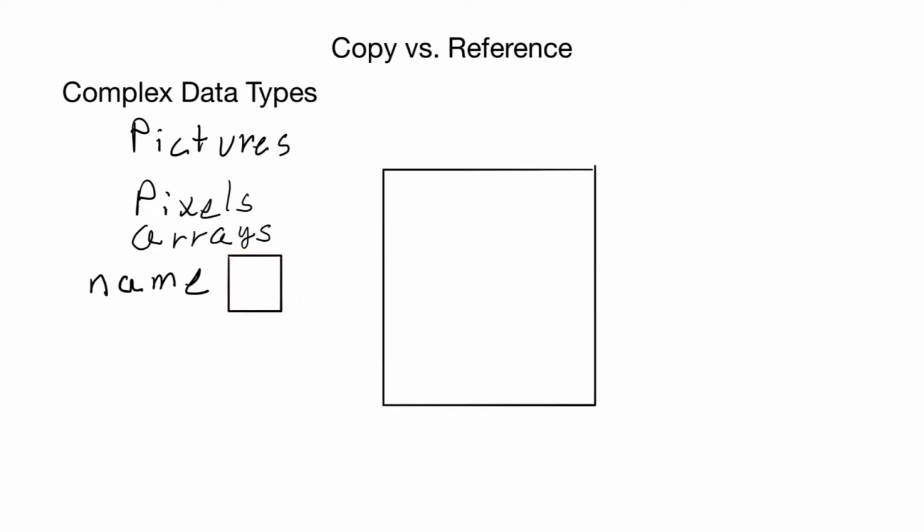So instead, we store the information somewhere else, and we create what's called a reference to that information. So you can think of a reference as an arrow or a pointer that points to where the data is stored. And the box stores a reference to the data instead of the actual data.